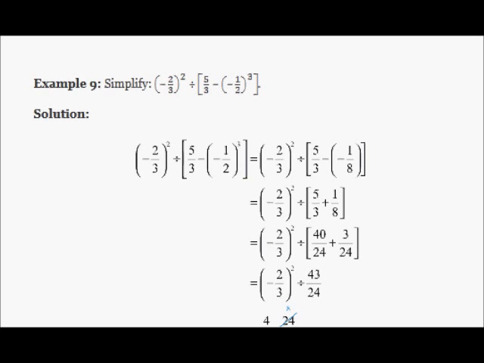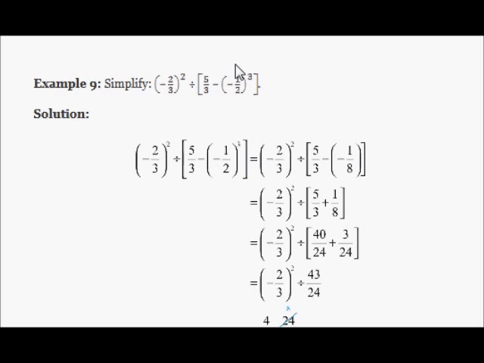So 5/3 becomes 40/24 because you multiply the numerator by 8 and the denominator by 8. 1/8 becomes 3/24 because you multiply the numerator by 3 and the denominator by 3. So just to make things simpler, because I'm not writing stuff down here, let's just look at the solution a bit. We've got 40/24 plus 3/24, and that adds up to 43/24.